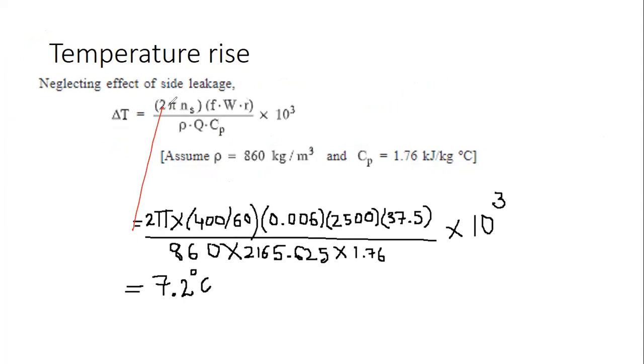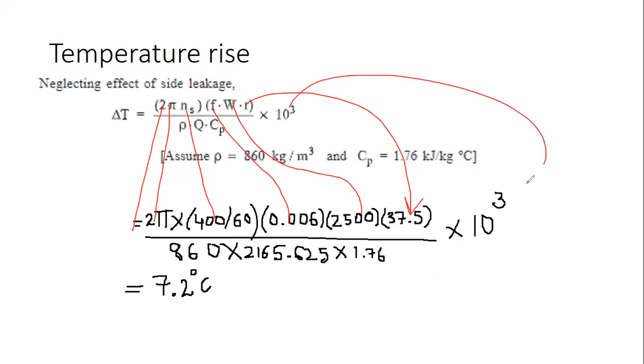I have 2 pi 400 by 60, Ns. I found out the coefficient of friction. I do have the radial load. I have the radius of the journal. Don't forget this. I do have rho, which is 860. I have found out Q, which is total flow, 2165.5625.